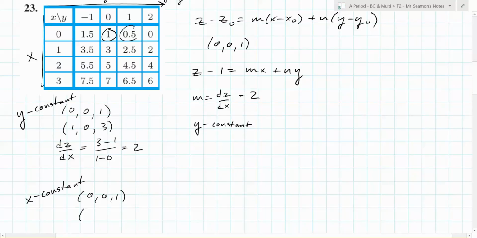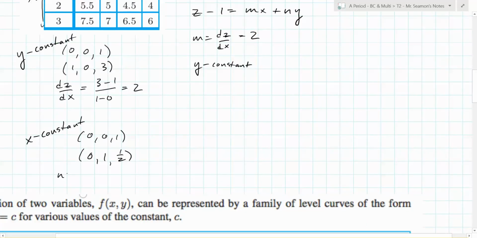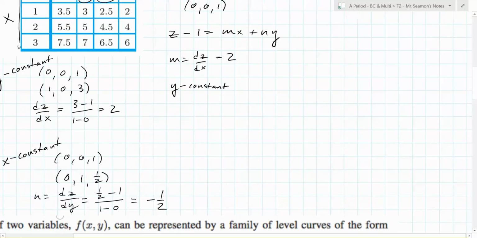So if we go to the right one, what's our new point? 1.5, right? So now if we want n, what is n? dz/dy, because x is constant. So we have 1/2 minus 1 over 1 minus 0, so that's going to be -1/2.